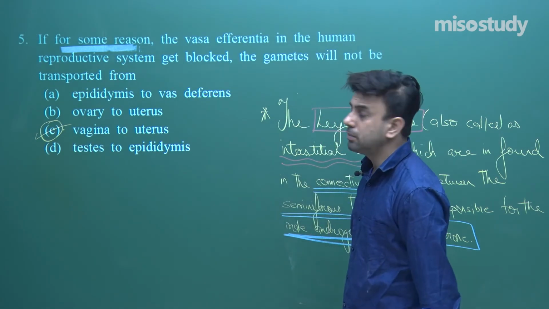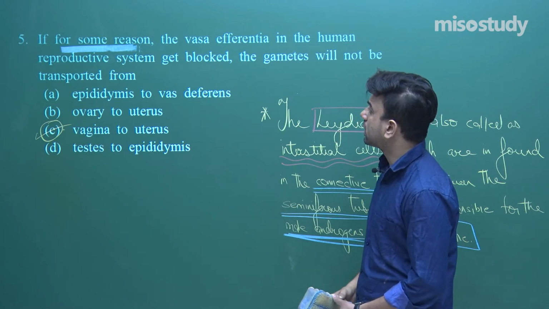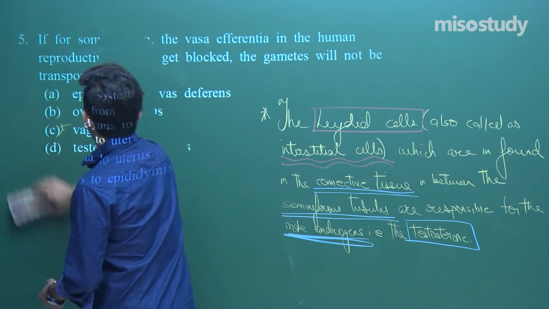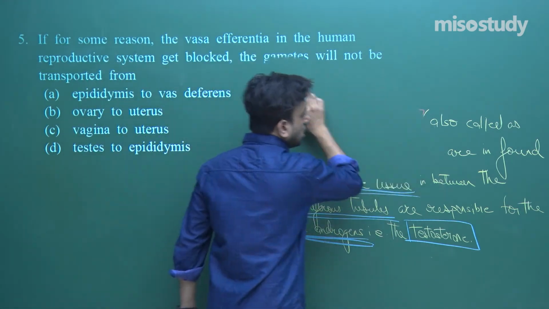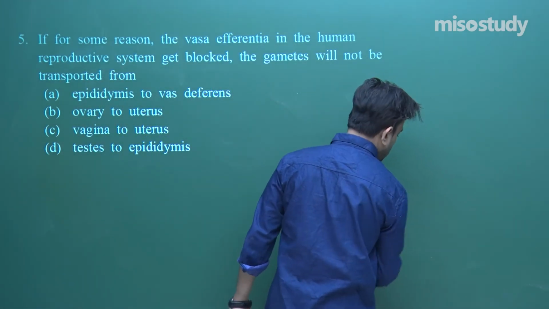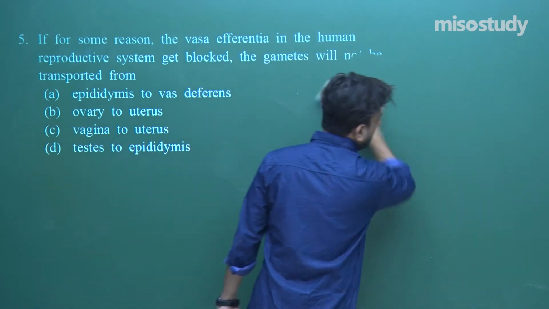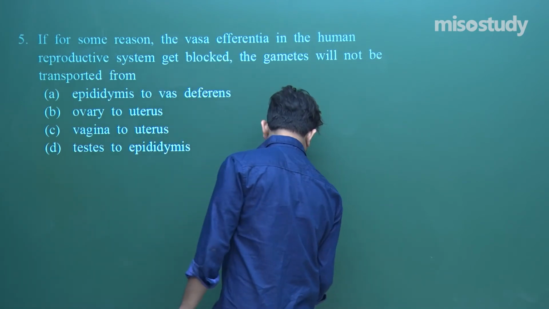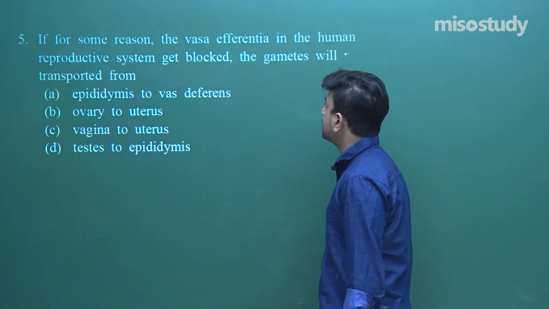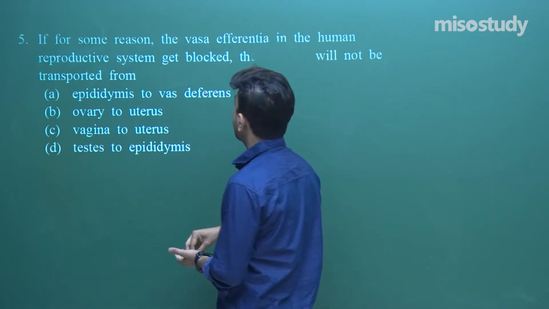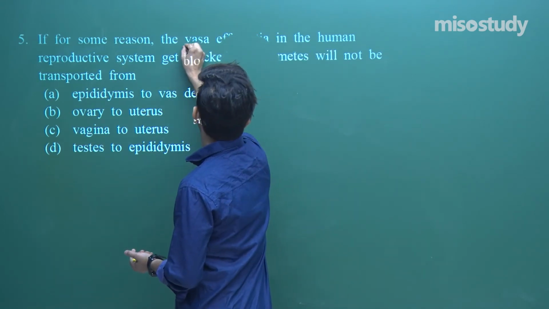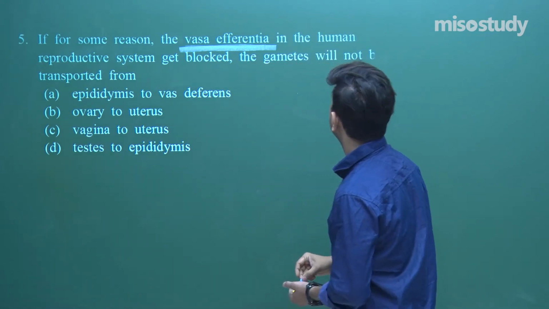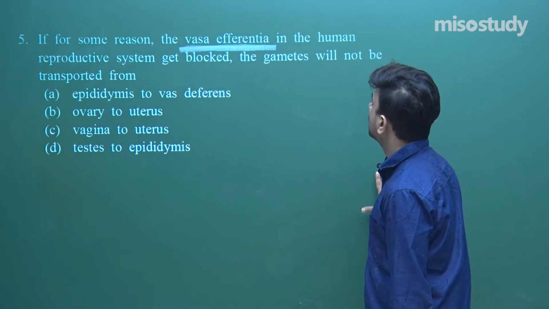Now, if for some reason the vasa efferentia in the human reproductive system get blocked, the gametes will not be transported. Okay? So, if the vasa efferentia get blocked, then what happens?